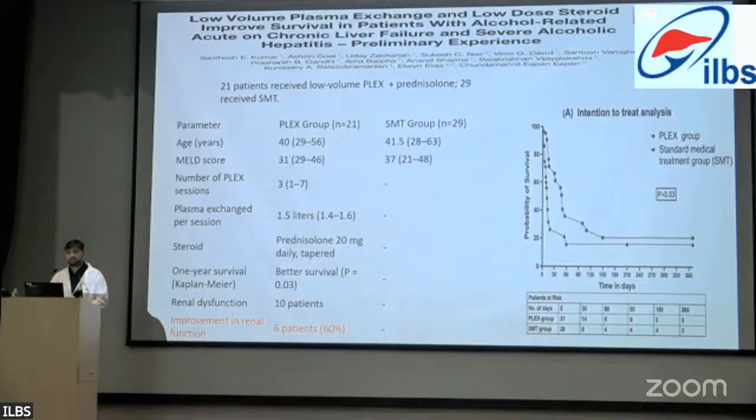They gave low volume plasma exchange with low dose steroid and looked at mortality. In this study, 66% of patients in the plasma exchange group showed survival benefit, and 16% in the standard medical group.